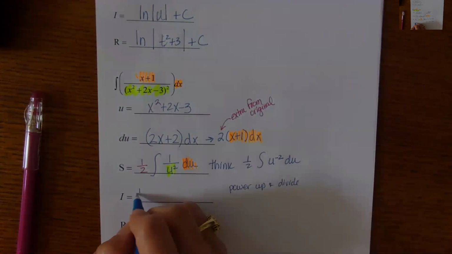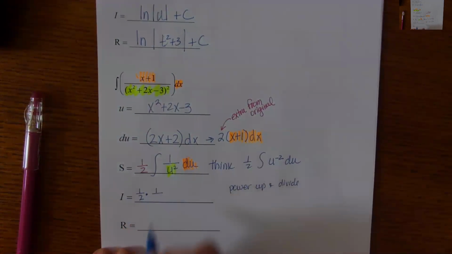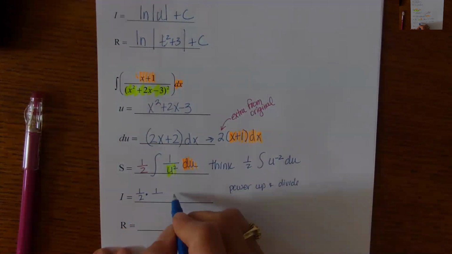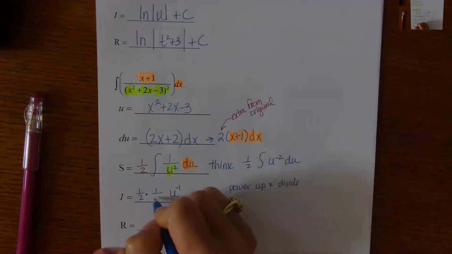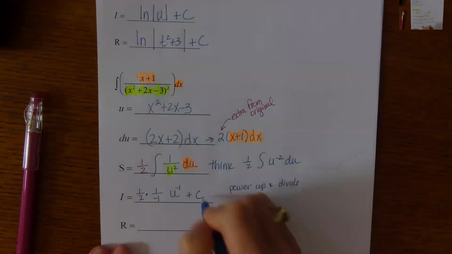So it's going to be 1/2 times 1 over whatever we divide by, right? What do you do when you power up? What is this going to be? What's 1 up from -2? -1 divided by -1 plus c.